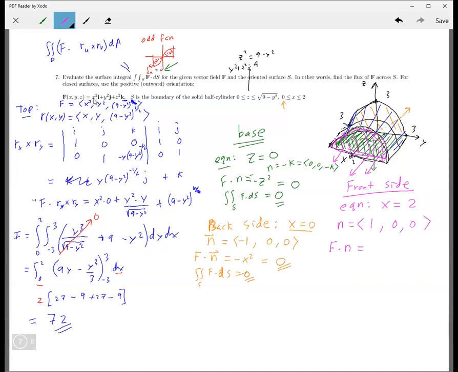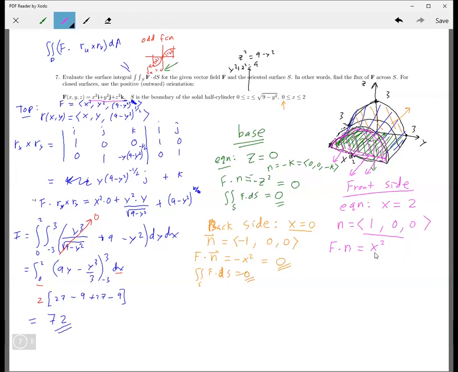I take the dot product of F with this. It'll be x squared times 1, plus who cares times 0 and 0.